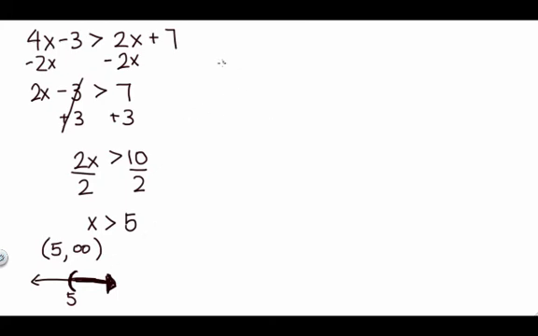Before we move on to the second example, I want to demonstrate something. 2 is greater than, let's say, negative 4, which is true. Let's check what happens when we multiply by a negative. Let's multiply by negative 2 on both sides. Negative 2 times 2 is negative 4.